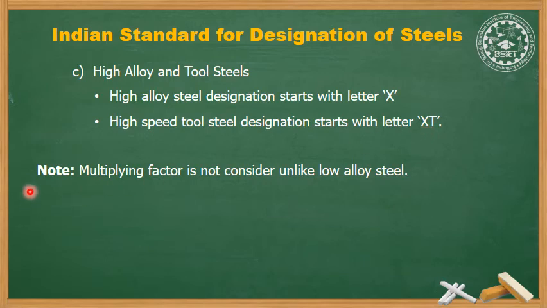One important point to remember: for high alloy and tool steels, we don't need to consider the multiplying factor. Just ignore the multiplying factor here. So we will see the example.